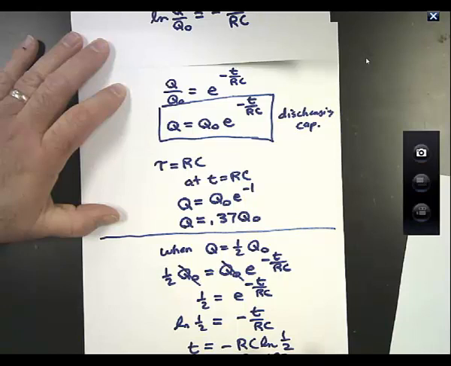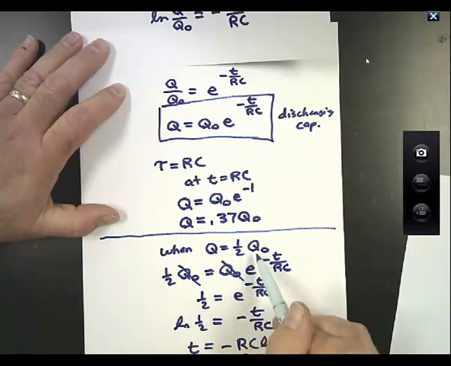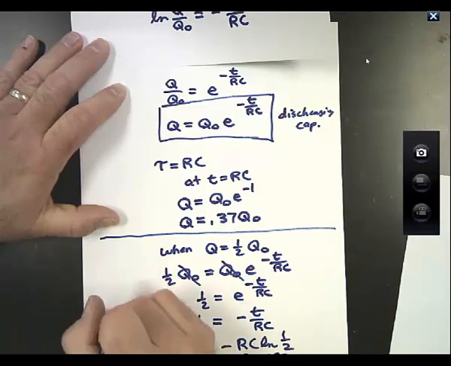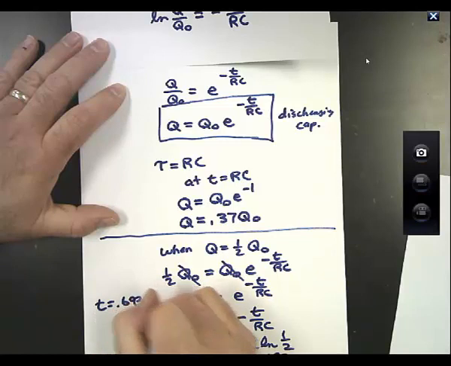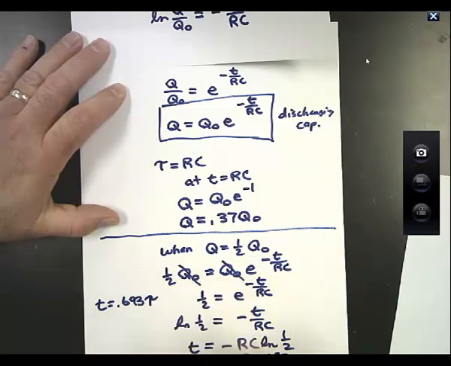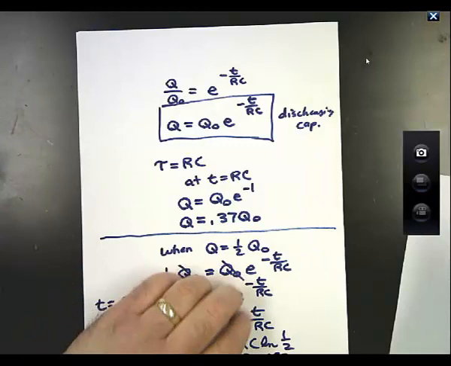So the half-life of this thing occurs, that is, q is equal to 1/2 the maximum charge, at 0.693 times tau, where tau again is that RC time constant.